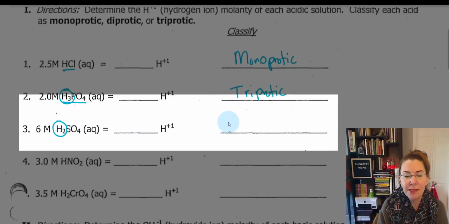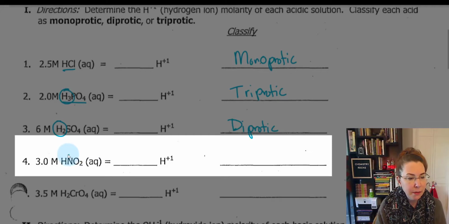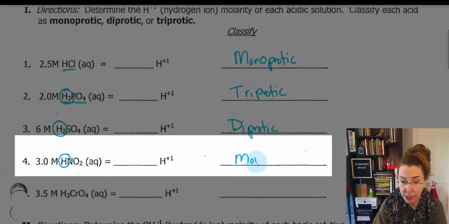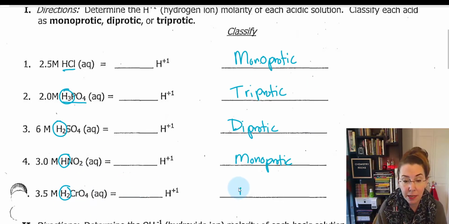It has 2 hydrogens. That one would be diprotic. Here we have nitric acid in number 4, 1 hydrogen, monoprotic. Next we have chromic acid, and this one would be diprotic.